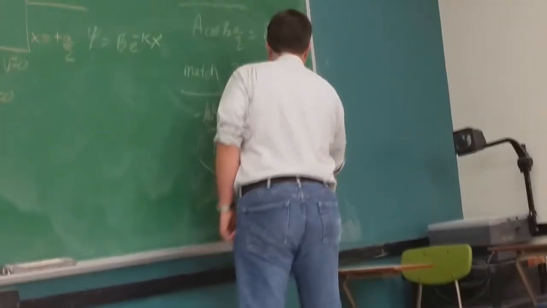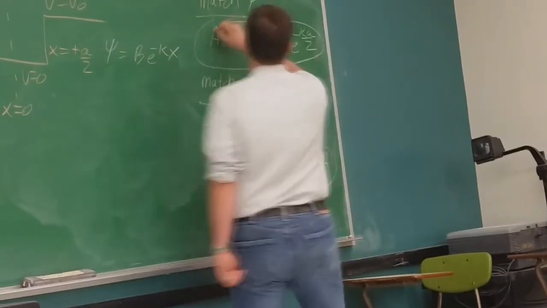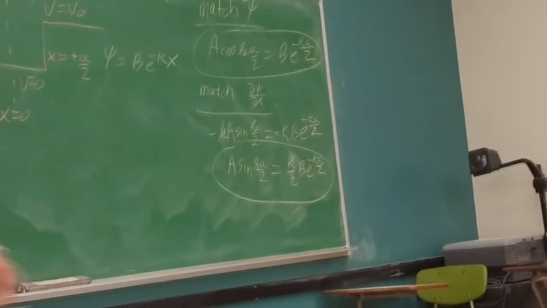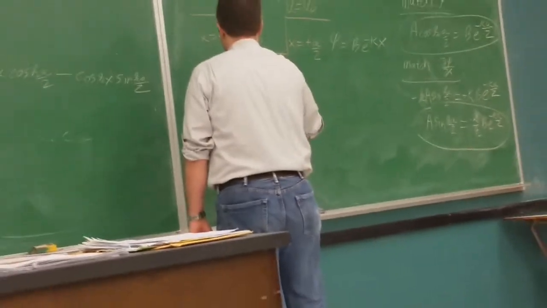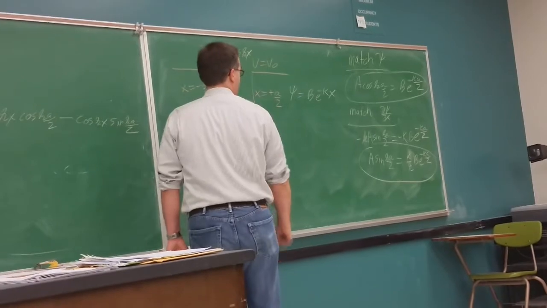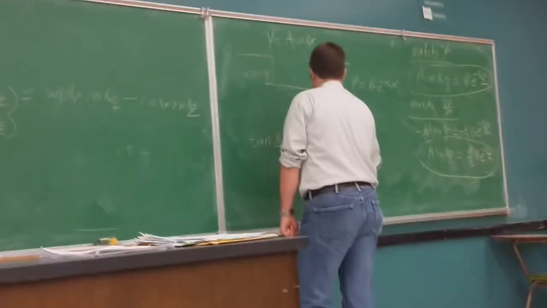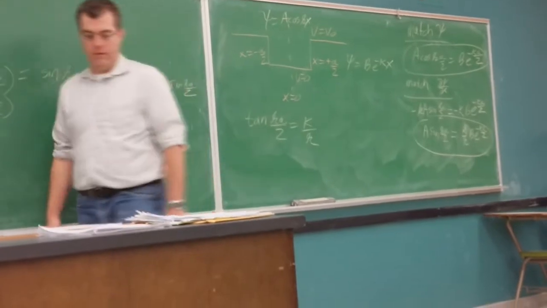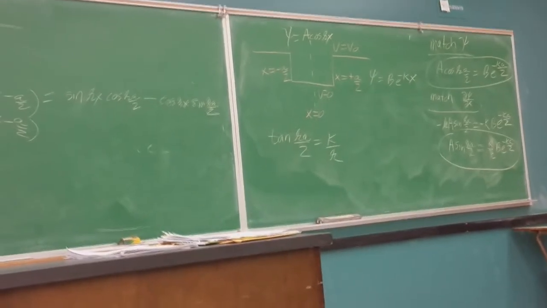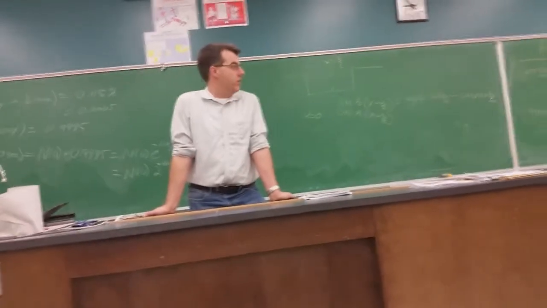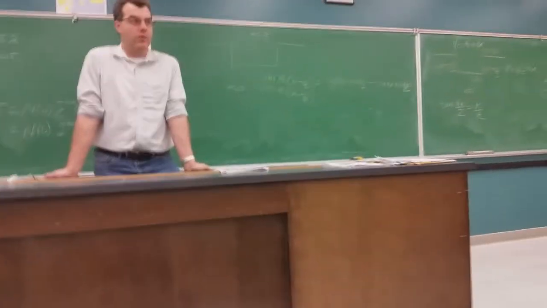So we've got this and this. Now what do we do? Divide them, yep. So I'm going to take sine over cosine, I'm going to get tangent, I'm going to cancel out the big A's. Tangent of ka over 2 is equal to kappa over k. Now, what if I asked you to write that, or at least the right-hand side, in terms of the particle's energy and the potential V naught?